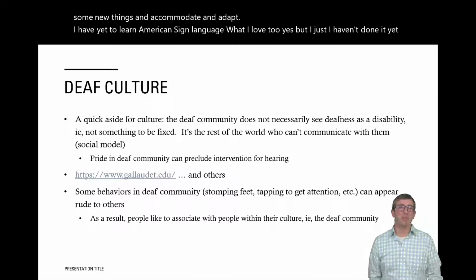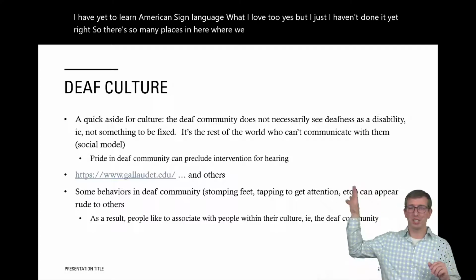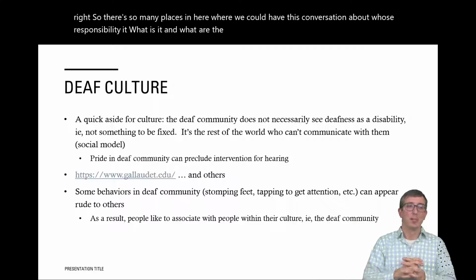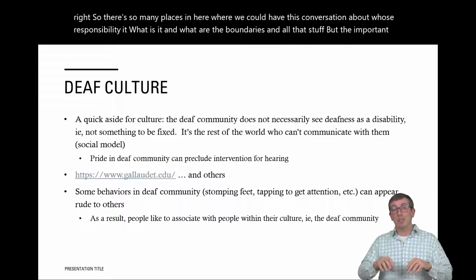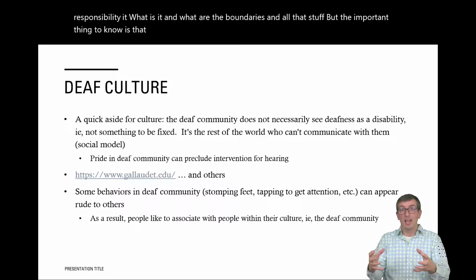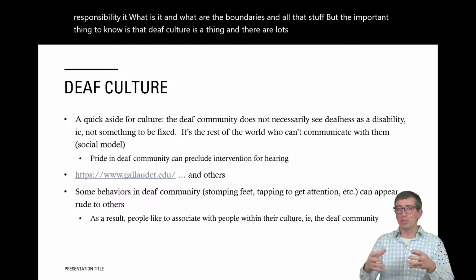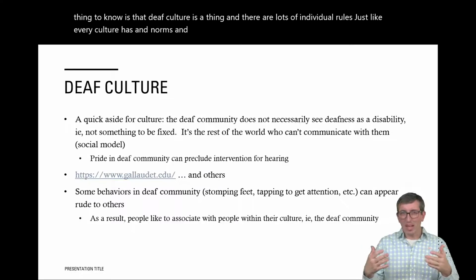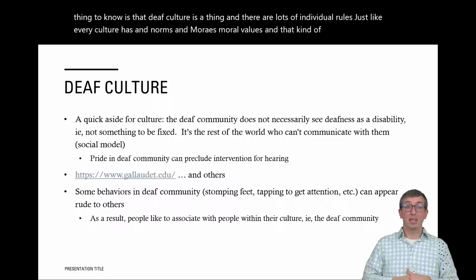So there are so many places in here where we could have this conversation about whose responsibility it is, and what the boundaries are and all that stuff. But the important thing to know is that deaf culture is a thing, and there are lots of individual rules, just like every culture has, and norms and mores, like moral values and that kind of thing, that make it unique and different.